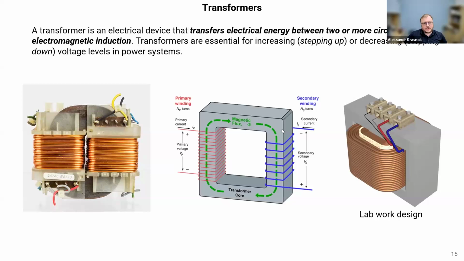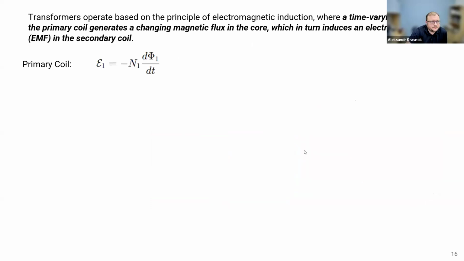Transformers can be of different design and geometry, and can contain different numbers of windings. This is an example of the transformer that you will be asked to simulate in your next lab work. So this is the lab work design. A transformer includes at least two coils.